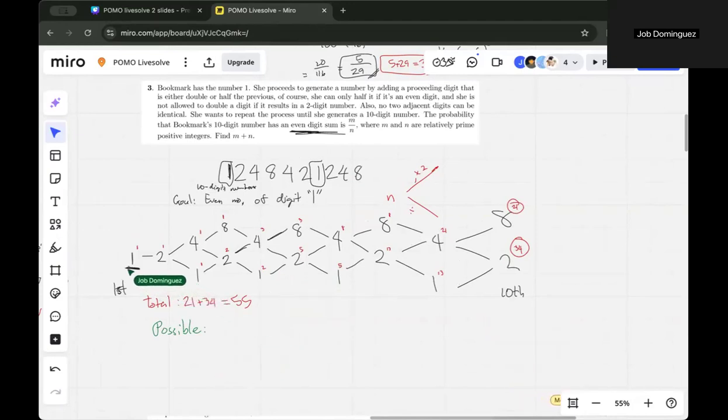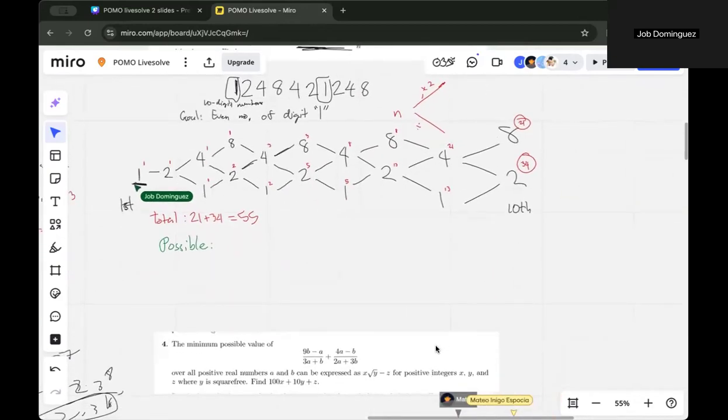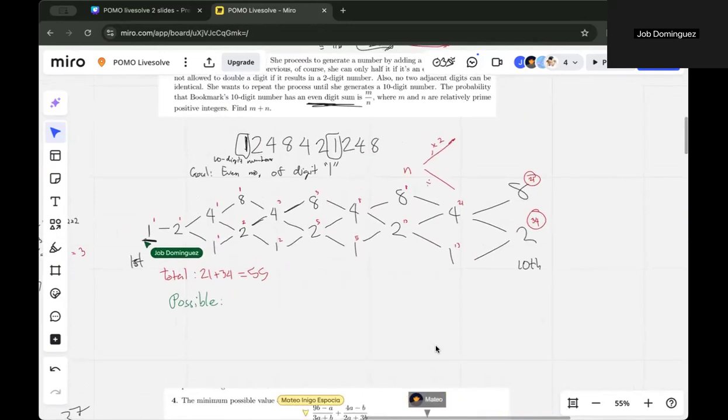Right? We only focus on the digit 1. We need an even number of digit 1. So we have two cases. You can either pick only 1 here, because the first digit, the digit 1, is always guaranteed. So either you choose one of any of these, or you choose 3 of them.